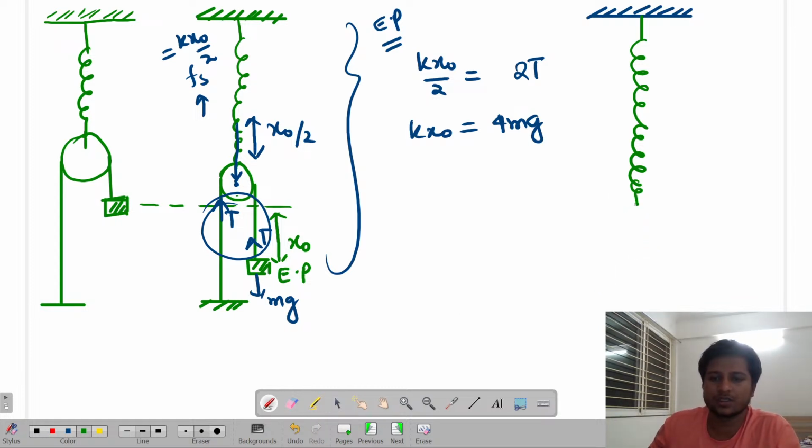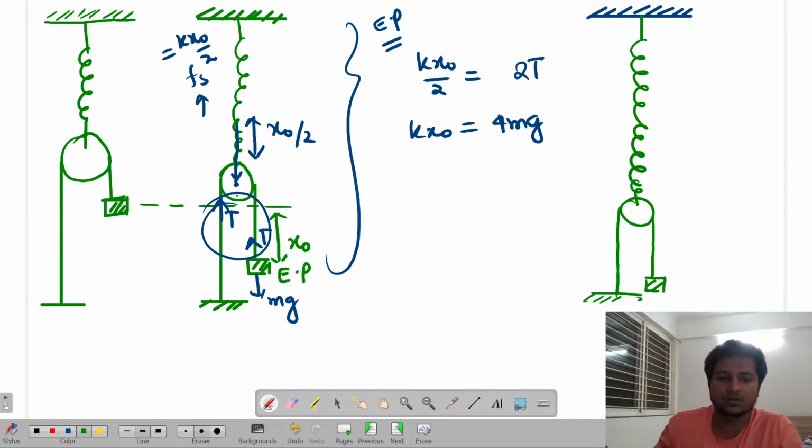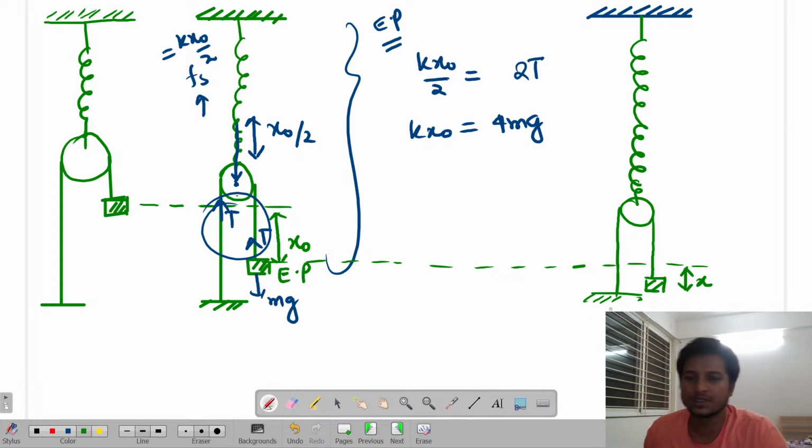Okay, let us just bring this over here. So this block which was over there has now come over here. See that this is my equilibrium point, and from the equilibrium point it has traveled how much distance? X. How much distance? X.